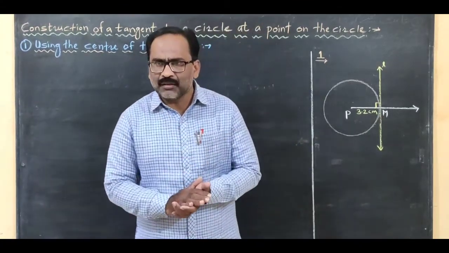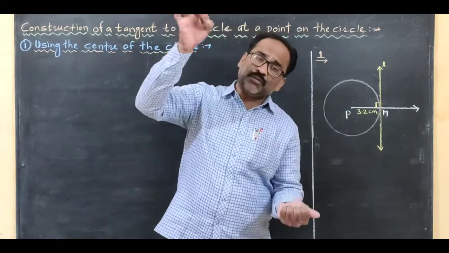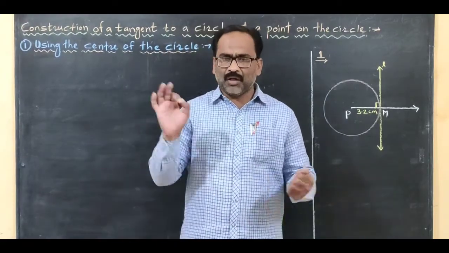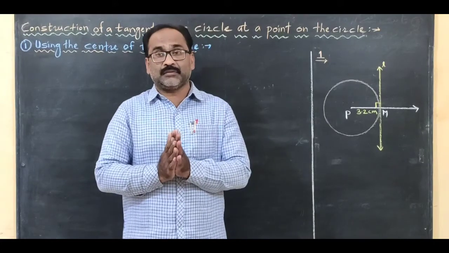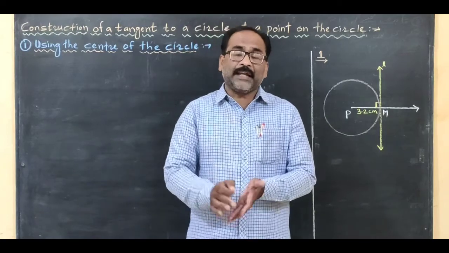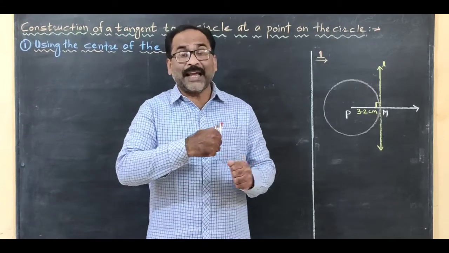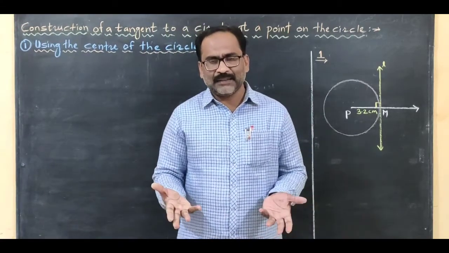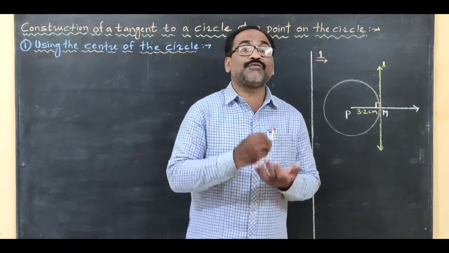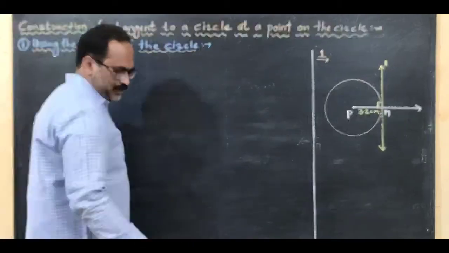And we draw a perpendicular passing through the given point on the circle. On this ray we get, or we can say that this line is the tangent of the circle. So we draw our main construction.